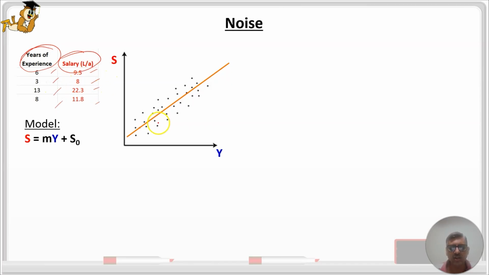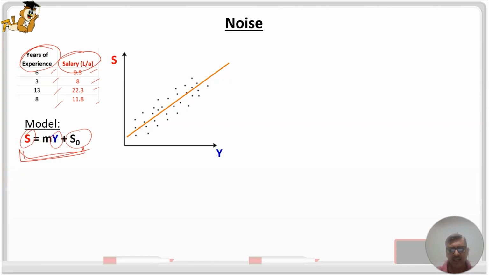This was your training data, and we plotted it on a graph, and we tried to fit a linear model, assuming that the relationship between the salary and years of experience was linear. We tried to build a linear model to capture this relationship: S equals m y plus S naught, where y is the years of experience and S is the salary. You remember this from a long time ago.